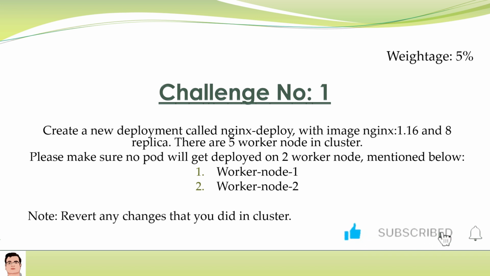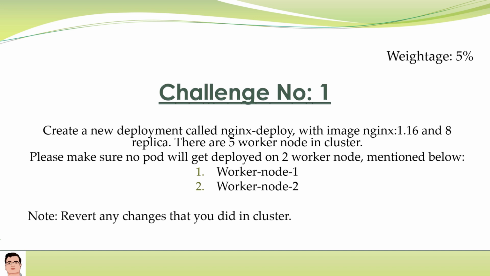Please make sure no pod gets deployed on the two worker nodes mentioned below, worker node 1 and worker node 2. The pods that you deploy, as part of the deployment, get scheduled by the scheduler on any of the worker nodes, but there is a criterion that you have to meet: none of the pods should get deployed on worker node 1 and worker node 2.